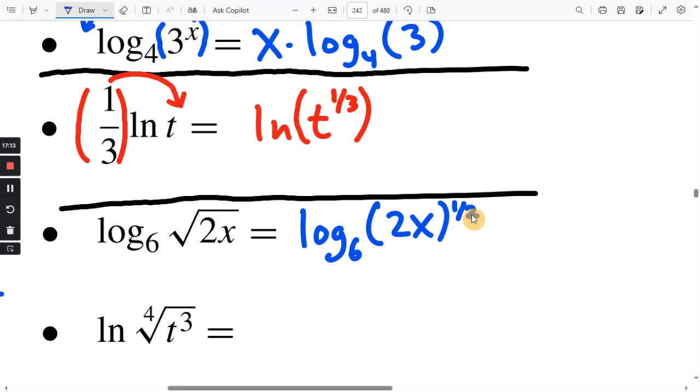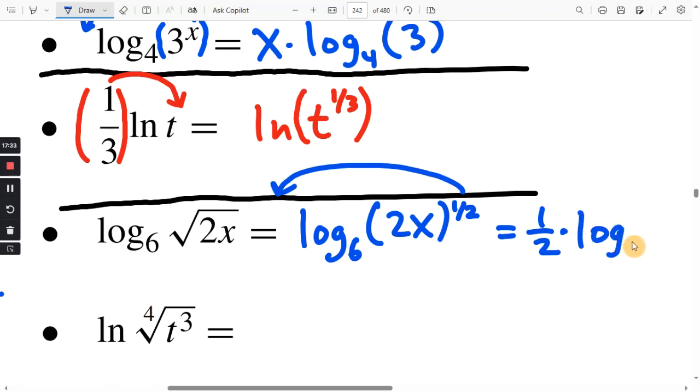When 1/2 is the exponent, that's the same as the square root, and this square root is applied to this whole thing, so the 1/2 is going to be moved out front. So that's going to be 1/2 times log base 6 of 2x.